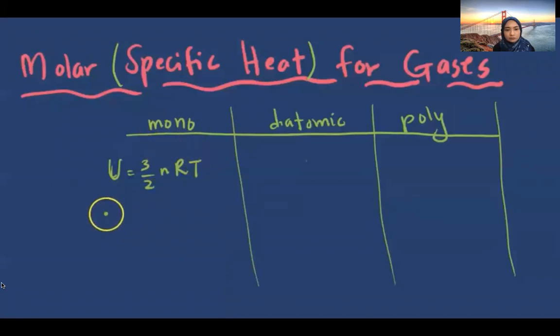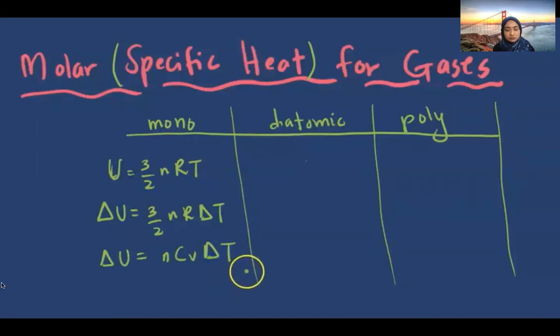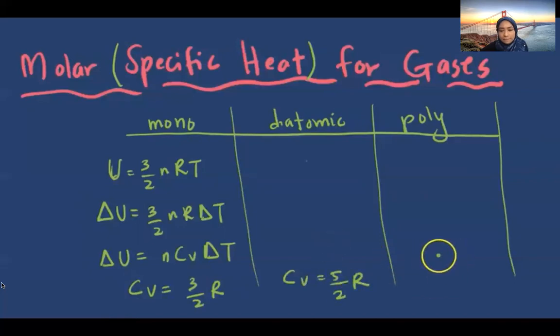This equation can also be rewritten as the change in internal energy equals 3/2 nR delta T. To generalize this equation, the change in internal energy can also be written as delta U equals NCV delta T, where CV for a monoatomic gas is equal to 3/2 R. Now, what is the CV for a diatomic gas? The CV for a diatomic gas is 5/2 R. And for a polyatomic gas, the CV is equal to 7/2 R.